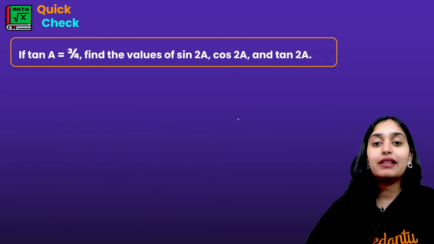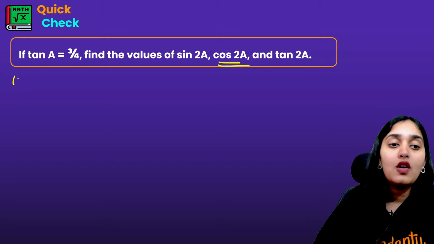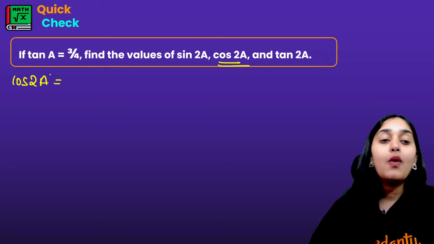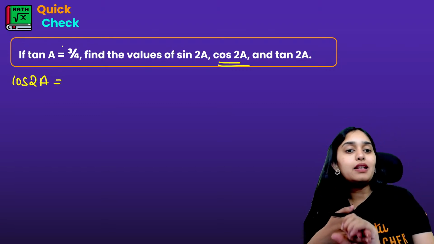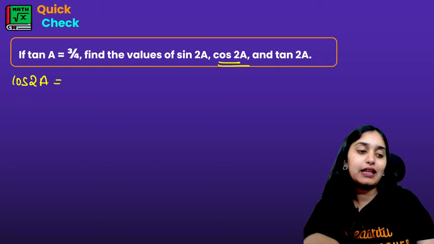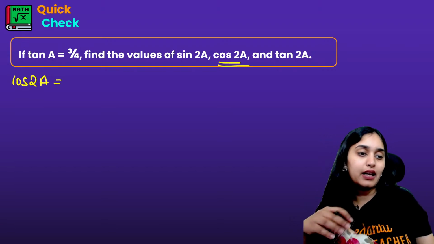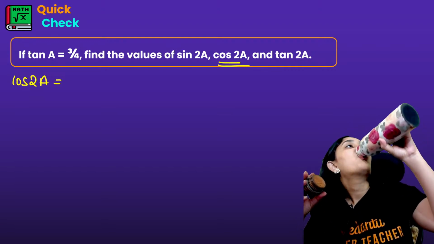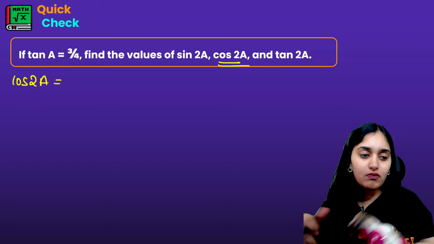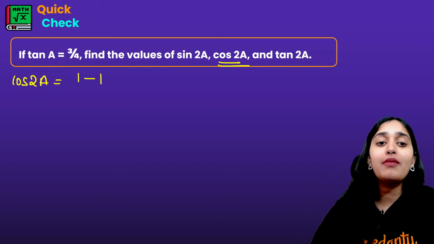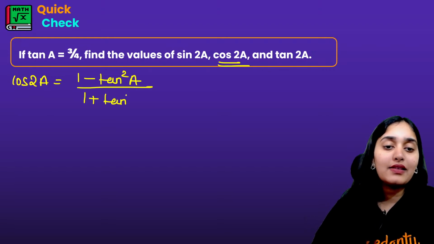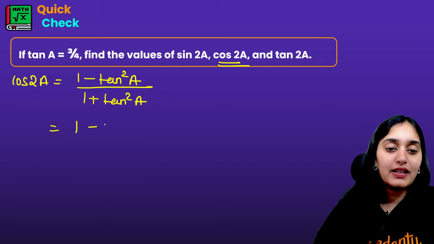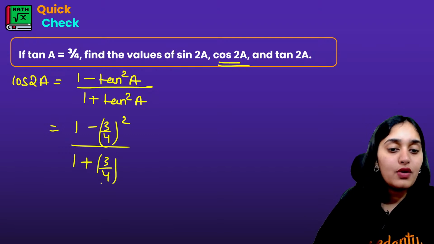Okay. Next, what is cos 2A? Cos 2A formula. How will we calculate cos 2A? Anyone? Cos 2A is 1 minus tan square A upon 1 plus tan square A. So it is 1 minus 3 by 4 whole square upon 1 plus 3 by 4 whole square.